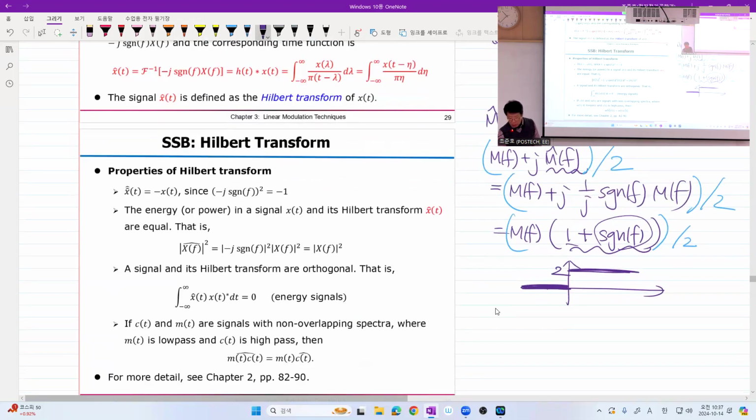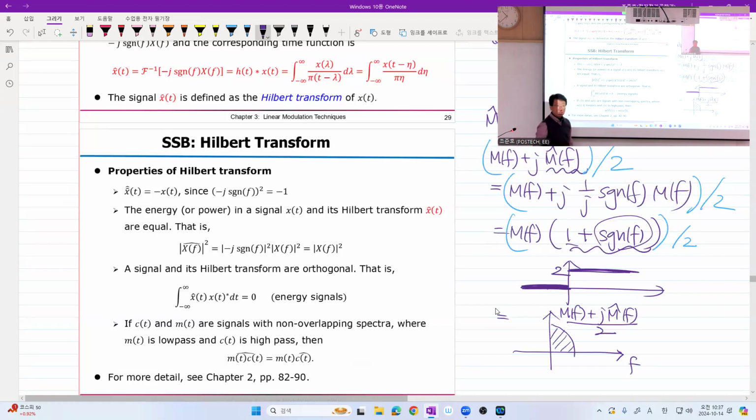The output is simply the positive sideband of the message signal. So M of f plus j m hat of f, divided by 2, is this positive side part.